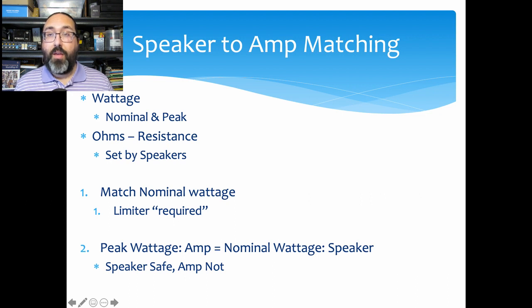The problem that I find, or the big danger with it, if you have inexperienced people working the system, is that you probably want to put a limiter in line, because there is a good chance for you to be able to peak both the amp and the speaker, and more than likely you'll blow the speaker before you blow the amp, but you could damage both of these units.